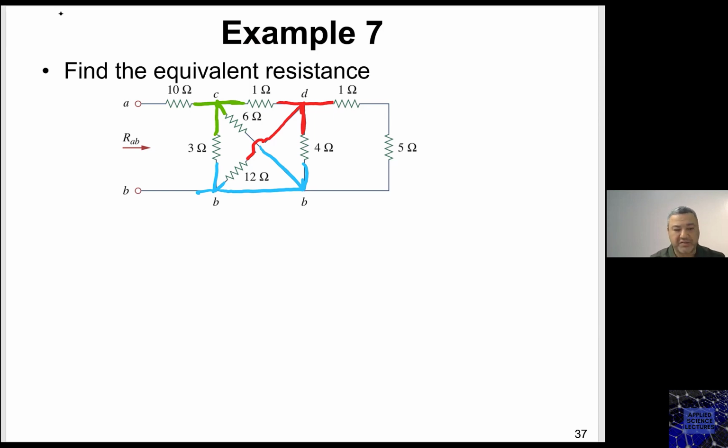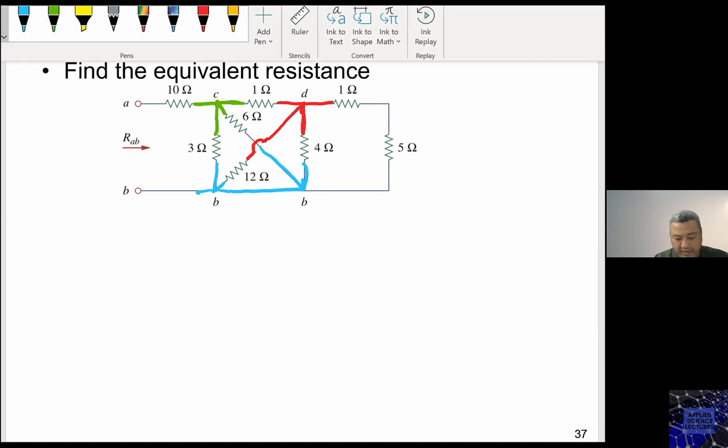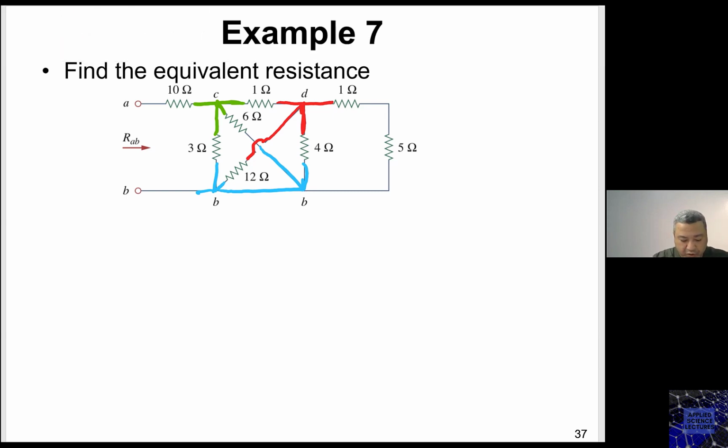All resistors that have both the same colors are connected in parallel. So let's look at the resistors connected to the blue and red and circle them. I have the 4 ohm connected between red and blue. I have the 12 ohm connected between red and blue.